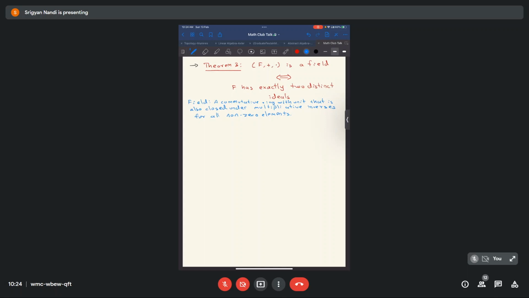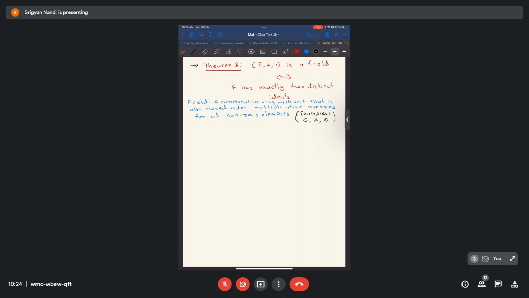So it has everything. Some fields include, well, the basic examples: the complex numbers, the real numbers, the rational numbers.